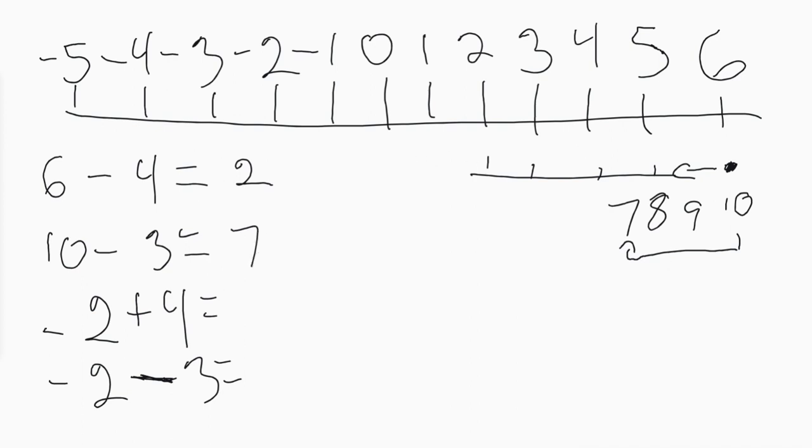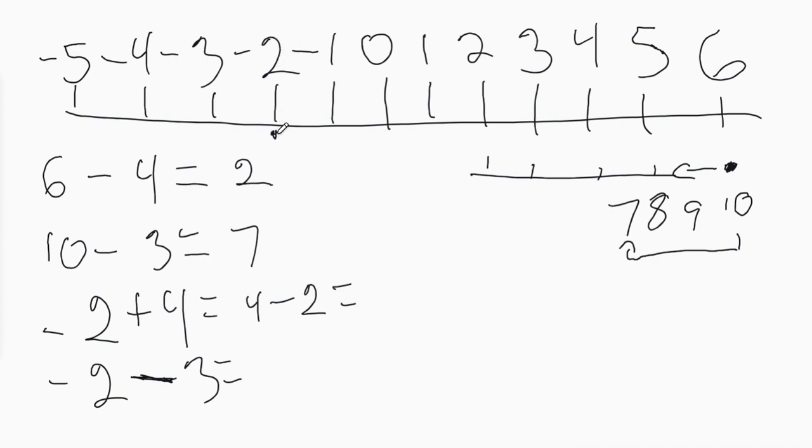Now, this is going to be pretty interesting. Our negative 2, which is right here, if we added 4, this is the same as if we had 4 minus 2.